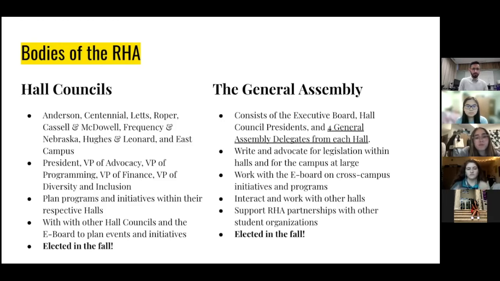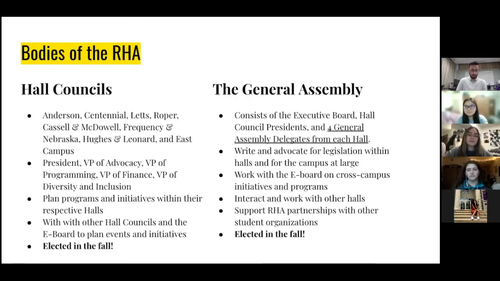Hall councils are divided into 7 clusters, and they're a great opportunity for smaller programming initiatives on campus. Most of our positions also exist in hall councils, and these positions are elected in the fall. So if you decide the e-board isn't for you, these are also great opportunities the following year.